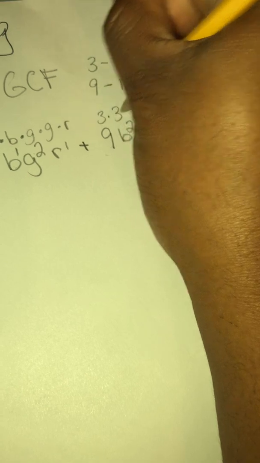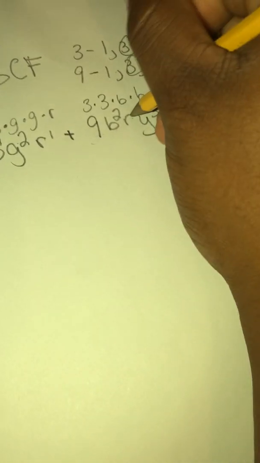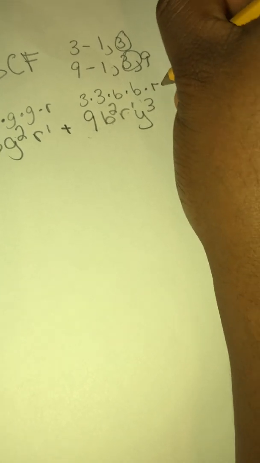So I have 3 times 3 times 2 b's, b times b, times 1r, times 3y. Now, what I'm going to do is I'm going to color code them. So I chose letters that have colors to make it easier for me.